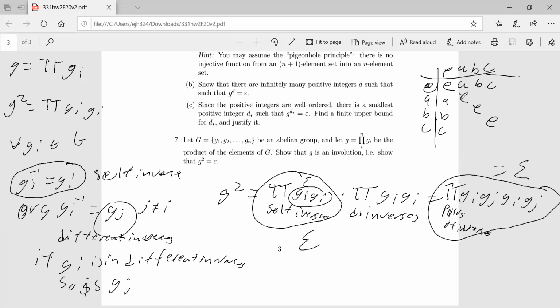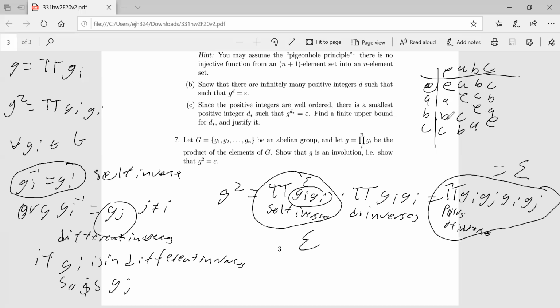Have you guys done the Klein 4 group yet? Yeah. You did? Cool. So then this is a bit redundant, but this is a group where everything is its own inverse, but I can pair.